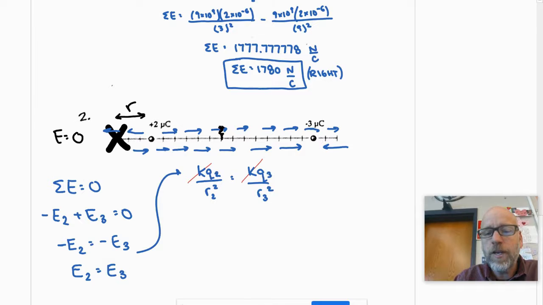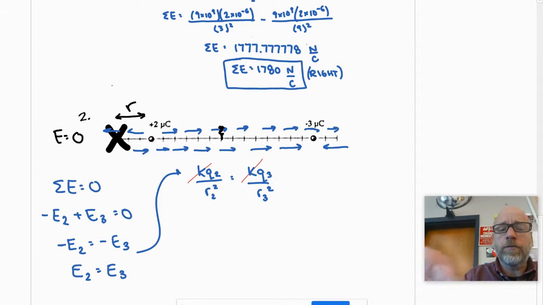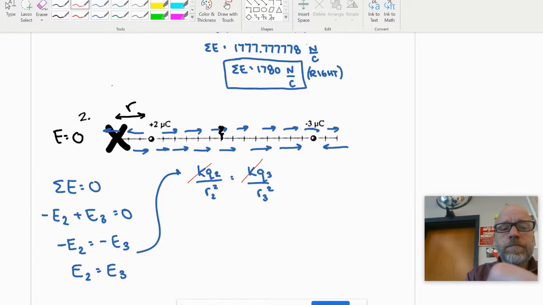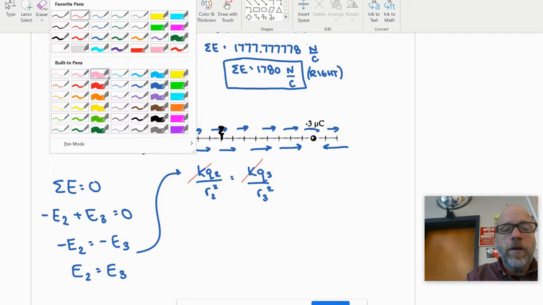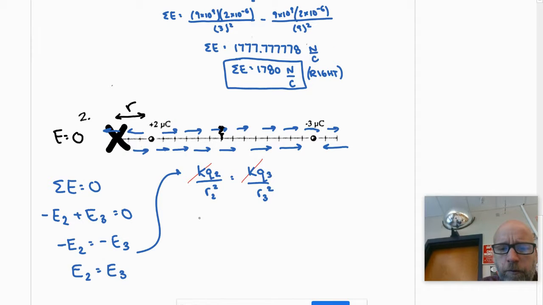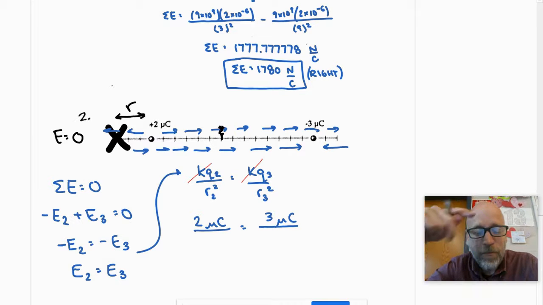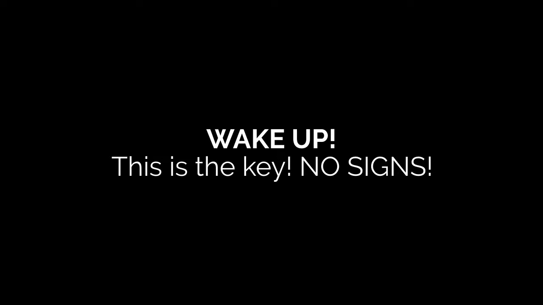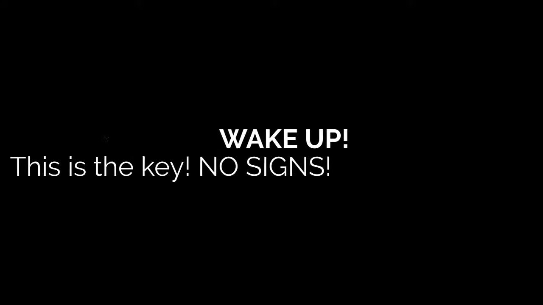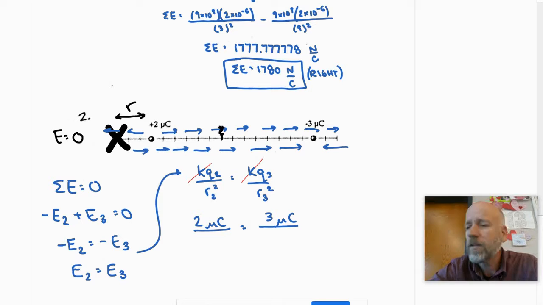Good. Now, what do we put in for our other values? Well, Q2 is equal to 2 microcoulombs. Q3 is equal to 3 microcoulombs. Hold on. You're thinking, where's the negative sign? Is the electric field a vector or a scalar?